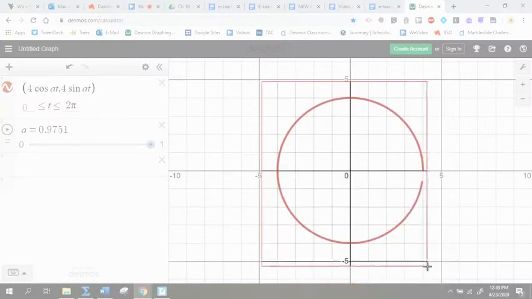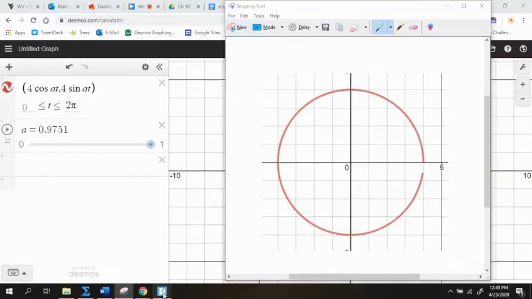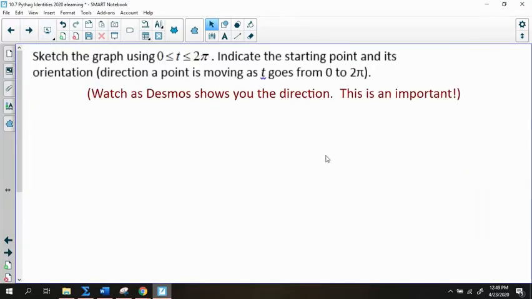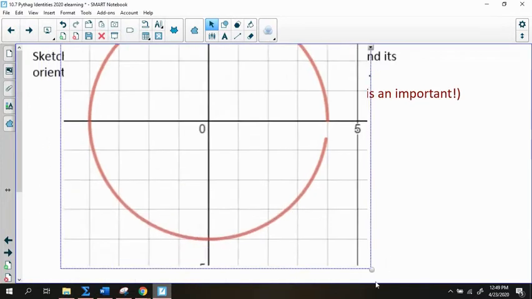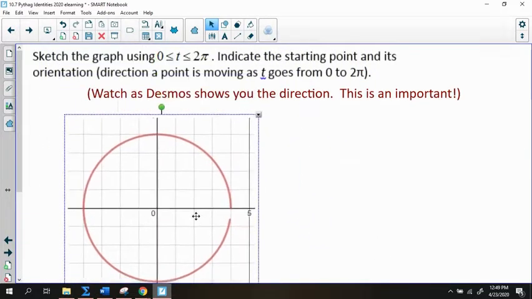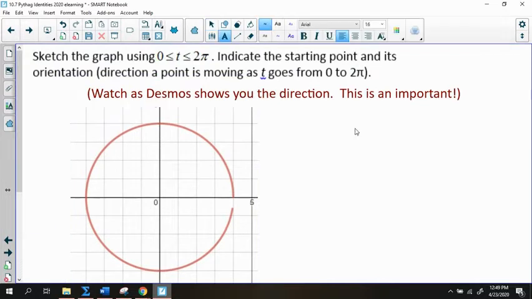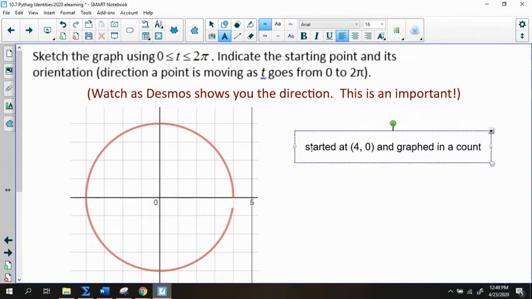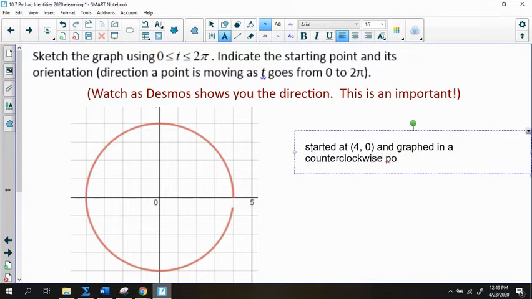So I'm going to cut this, paste it over on our screen here, and write down what I just said so that hopefully you'll remember it and use that as you have to answer questions. So this equation started at the point 4, 0 and graphed in a counterclockwise direction.